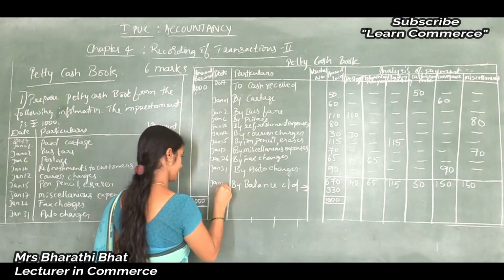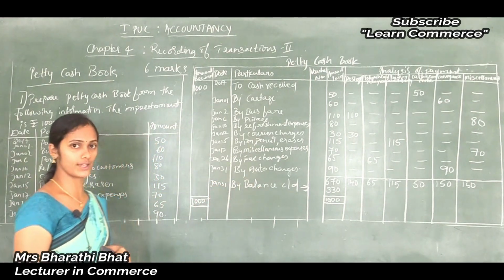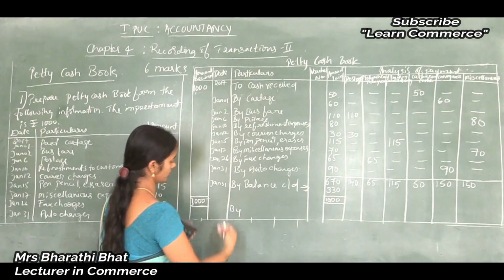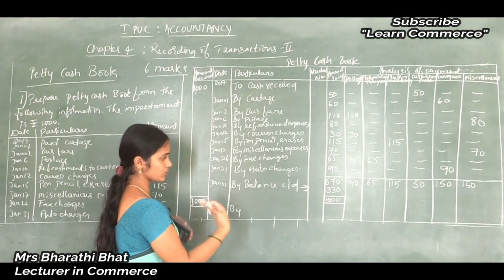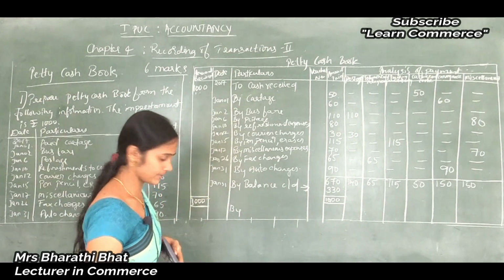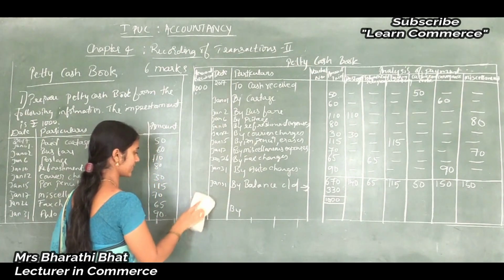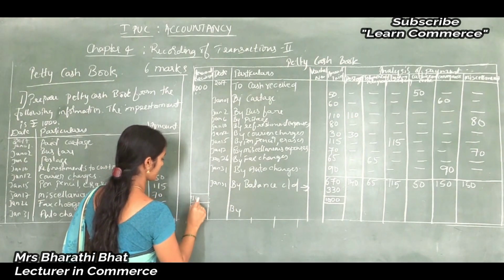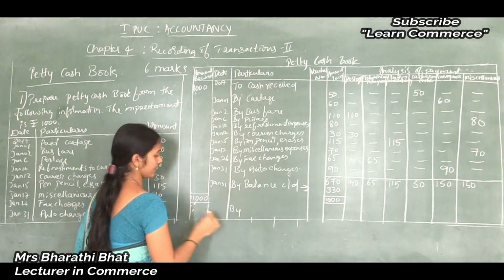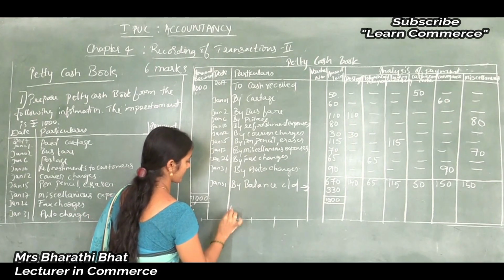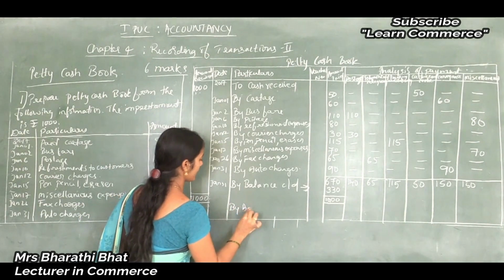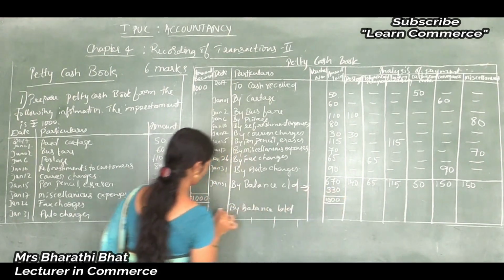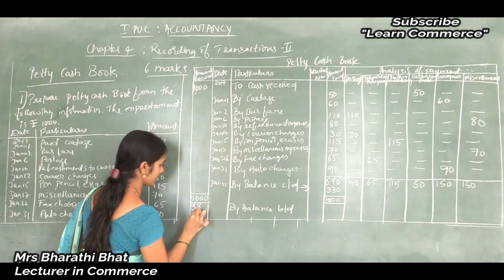January 31st. And once you carry down, what is the next step? You should bring it down below the total. See, I will write, in the straight line, 1000. Next, "to balance brought down", this amount 330 on this side.